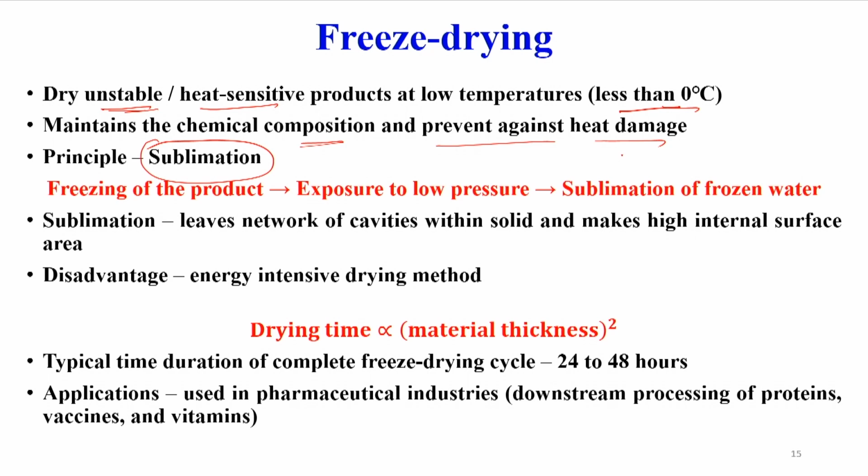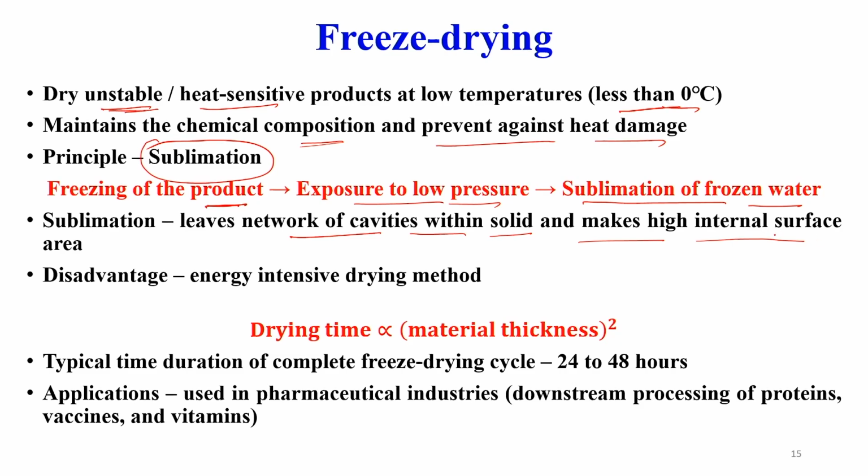So, how does it work? You freeze the product, expose it to low pressure, and there the sublimation of frozen water takes place. The sublimation leaves a network of cavities within the solids and makes a high internal surface area, but it has a disadvantage because it is an energy intensive drying process, as you require energy for the cooling.